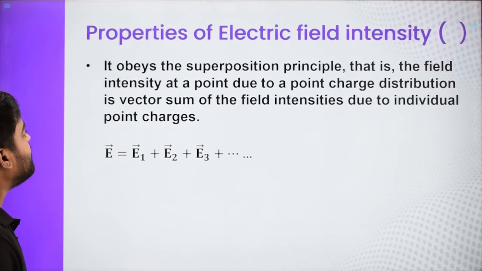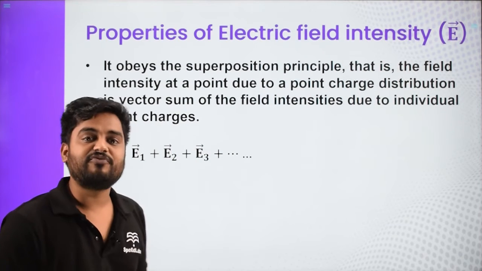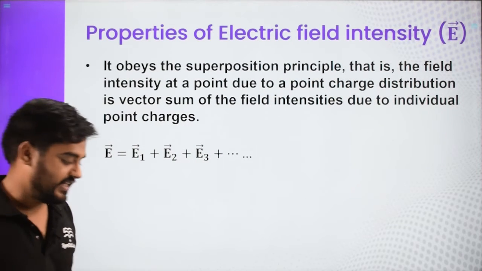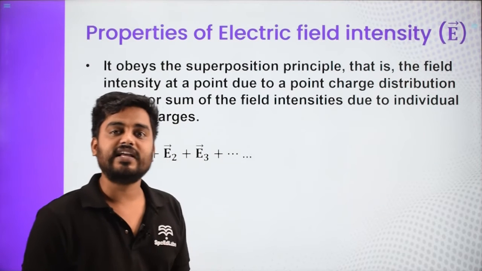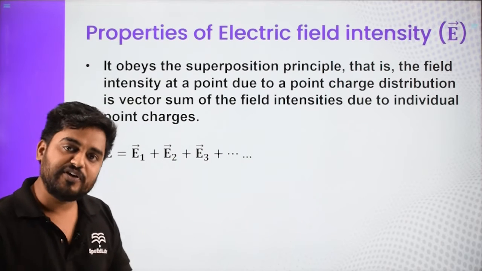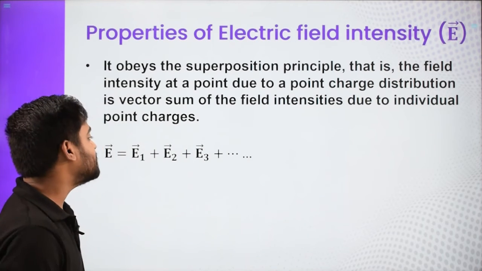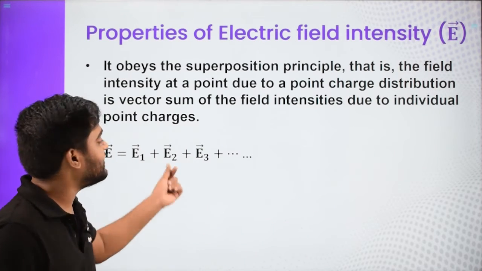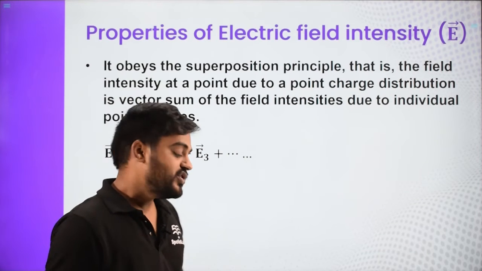Now next property is that it obeys the principle of superposition. Like forces, if we say the net amount of force on any point charge is vector addition of all the forces, then it is force per unit charge only, right? So force per unit charge, that is electric field intensity, will also obey the principle of superposition.